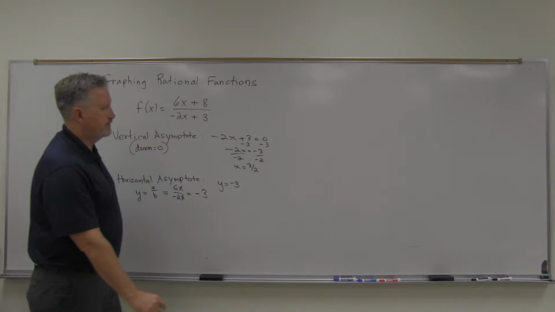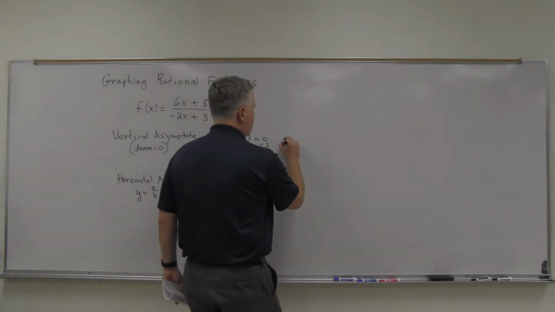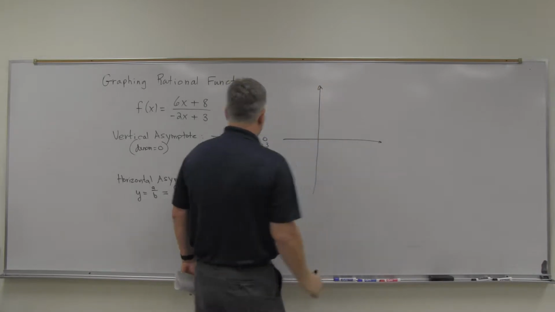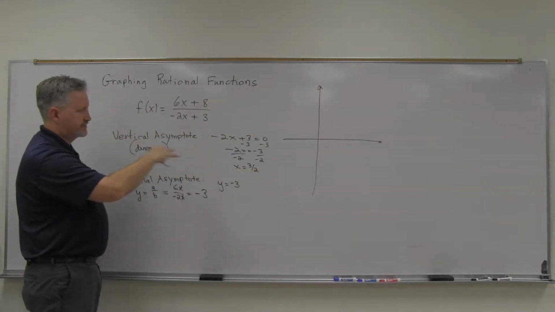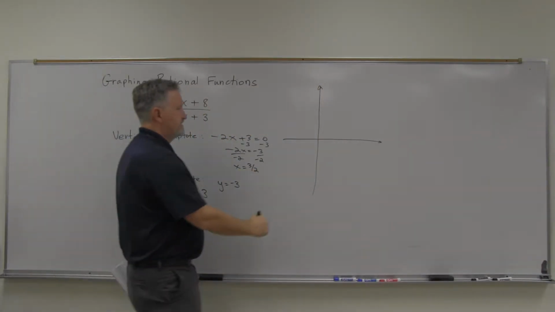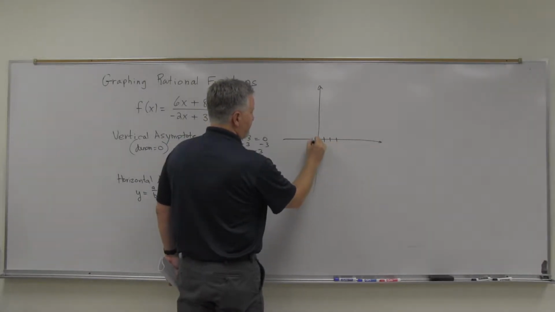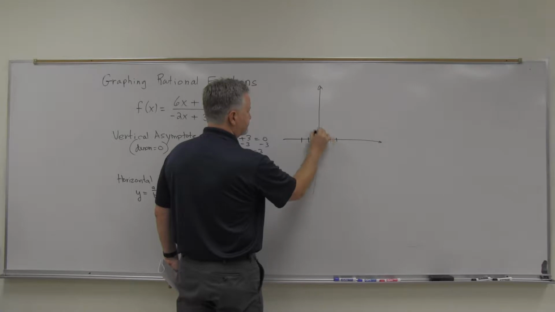And when we go to graphing this then, we're just going to draw those in as dotted lines, and then we'll discuss what happens with them when we get some more points on here.